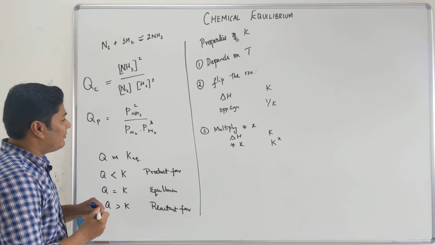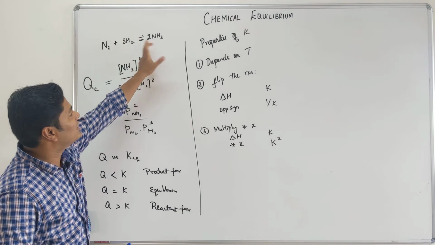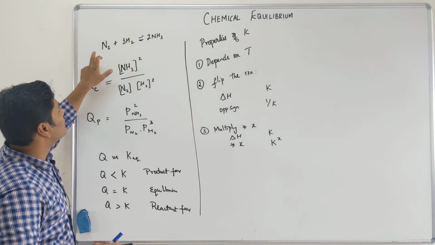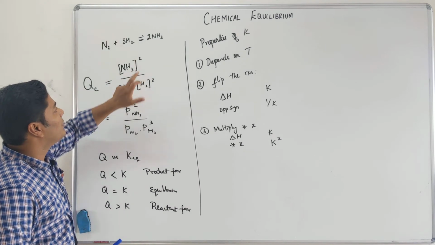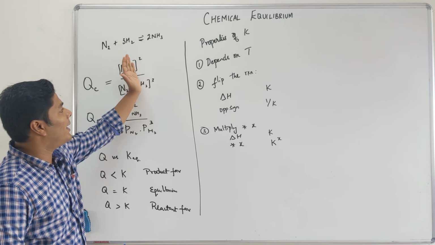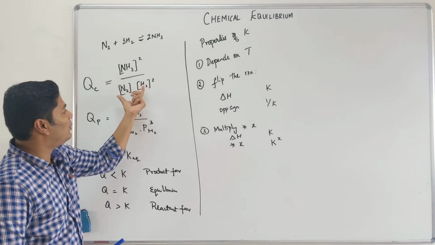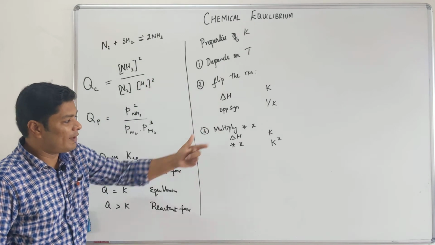I can numerically prove that. For example, if this is K and I multiply this whole thing by 2, that becomes 2 N2, 6 H2, 4 NH3. So this is going to become 4, this 2, this 6. Take the square outside, and inside the same thing remains. The old K comes inside, to the power 2. That's what I have written.